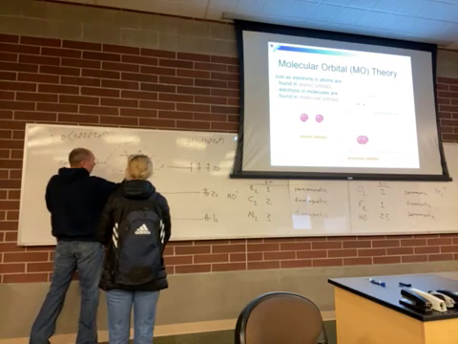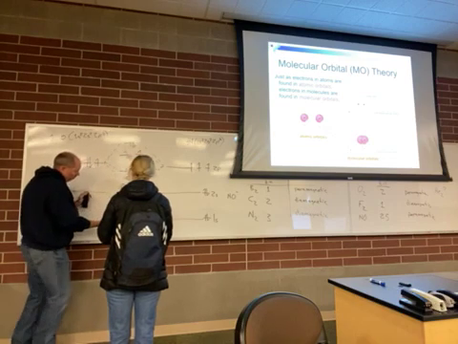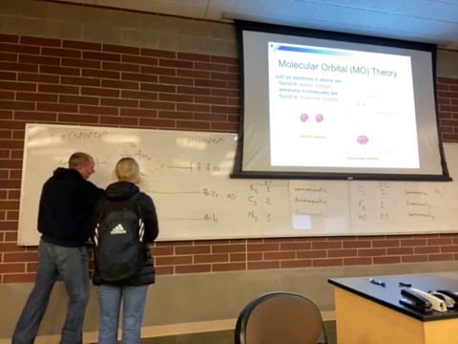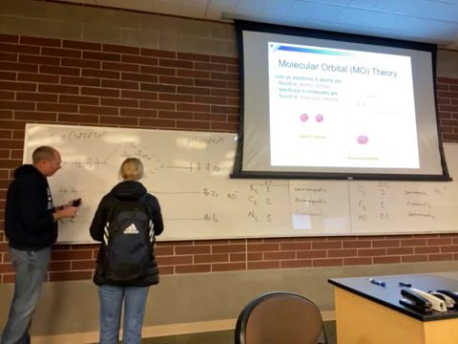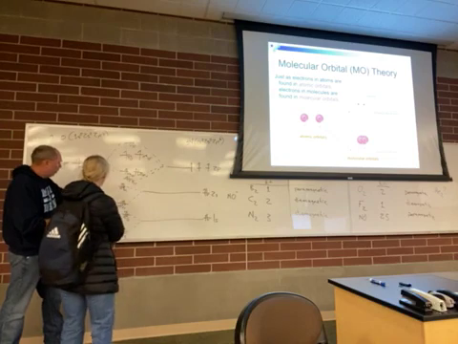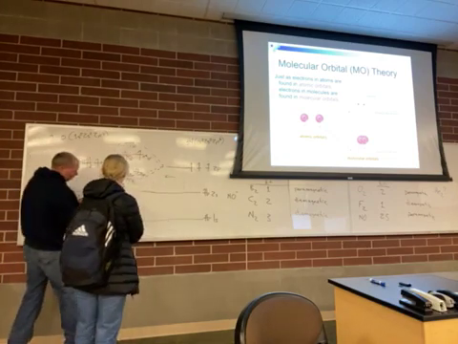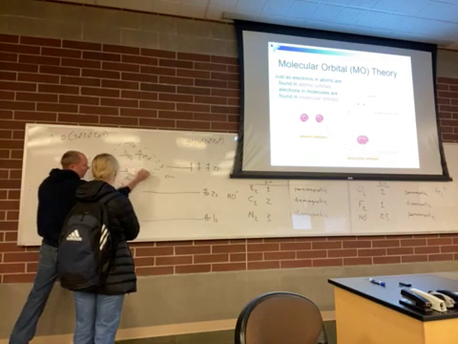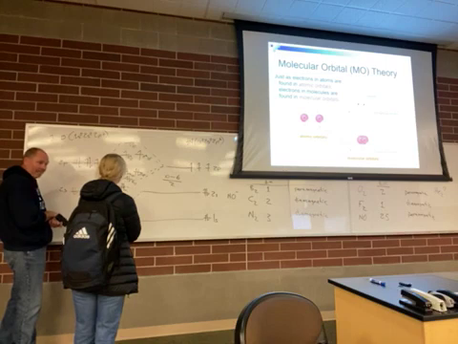It's above pi star 2p, and this is sigma star 2p. So bonding, bonding, bonding, bonding, bonding. Antibonding, antibonding, antibonding, antibonding. So 2, 4, 6, 8, 10. So 10 minus 2, 4, 5, 6 divided by 2. Cool? Yeah, that makes sense.